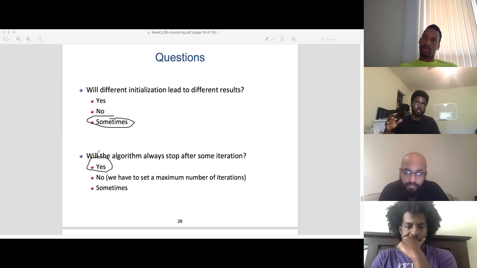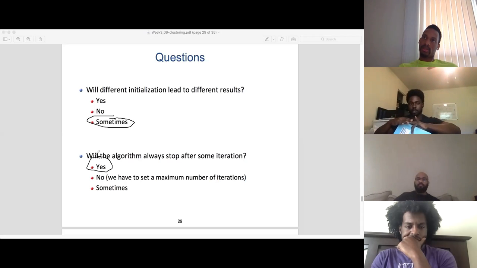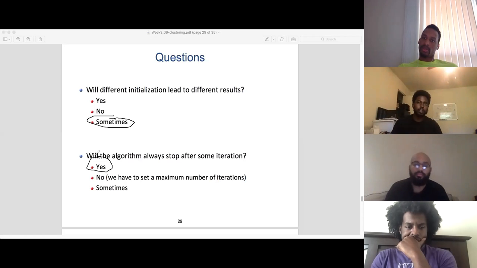Even when there's data in between very obvious clusters, those will get sent to one or the other. And at some point, even when you're doing the algorithm, it's going to stop moving. I guess I don't really understand why that's the case, but the answer is yes.